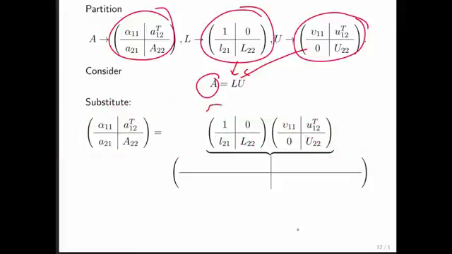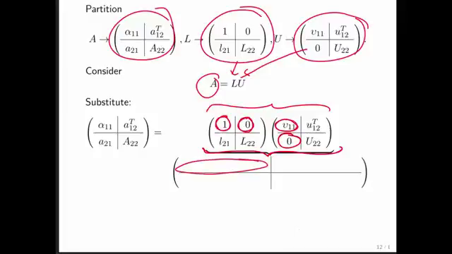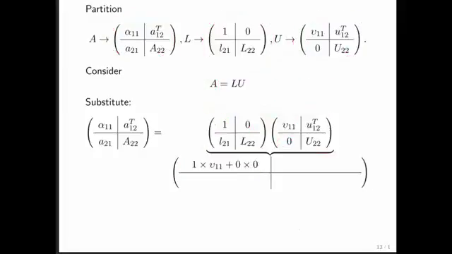We can multiply all of this out. What we get when we do that is this times that plus this times that for this top left entry. Right here we get this times that plus this times that.